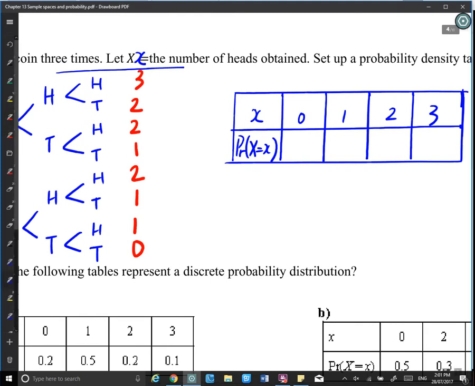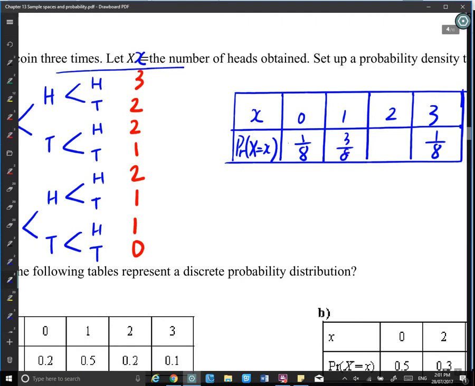So to get 0 heads is 1/8. To get 3 heads is 1/8, because the top and the bottom outcomes are 3 heads and 0 heads. Okay, how many cases do you have 2 heads? 3. So it's 3/8. And for 1 it's the same. There are 3 outcomes to get 1 head. It's 3/8 as well. So 3/8 of the probability to get 1 head, 3/8 of the probability to get 2 heads, 0 heads is 1/8, 3 heads is 1/8. That's how we do that. Okay?